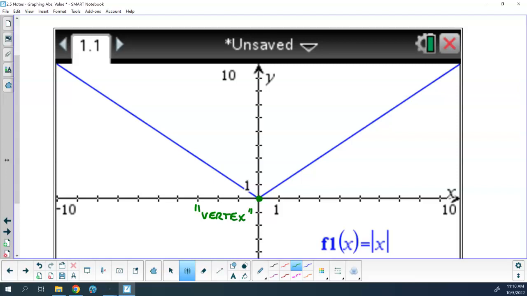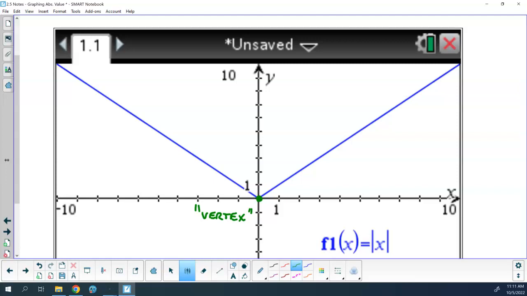I just call it the vertex because it kind of has the same properties as a parabola, and that point on a parabola is called the vertex. Those properties are, it's symmetric, they're both going in the same upwards, downwards direction, etc. So that's what the parent function looks like.